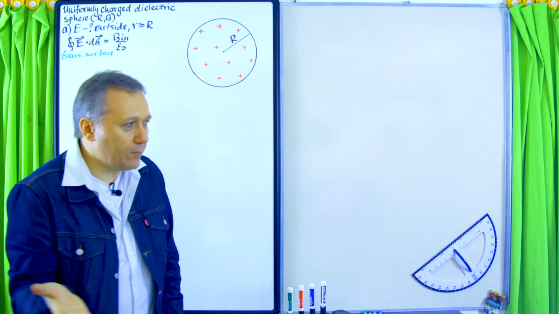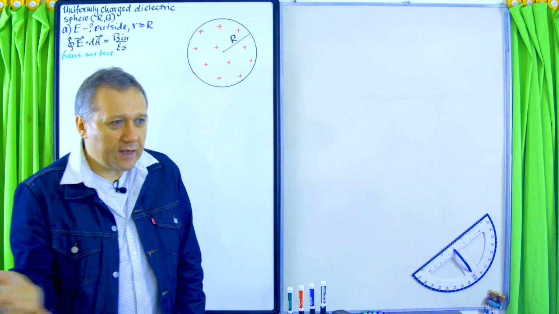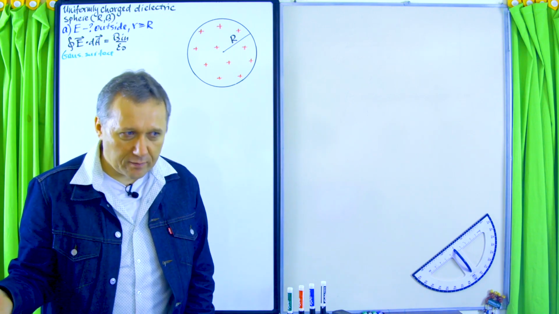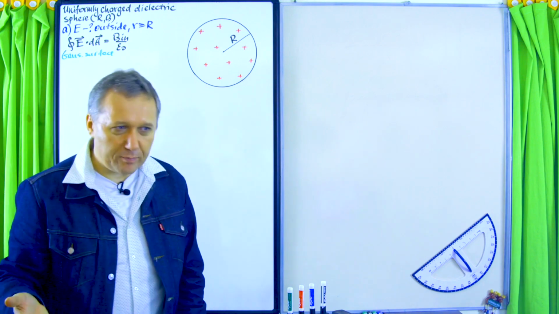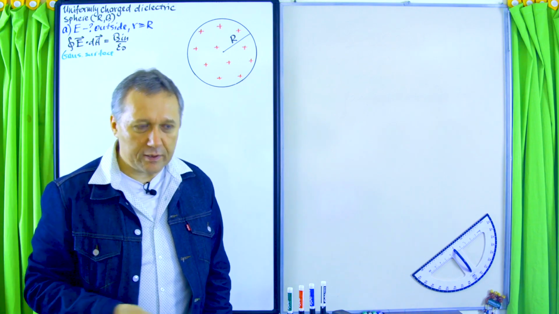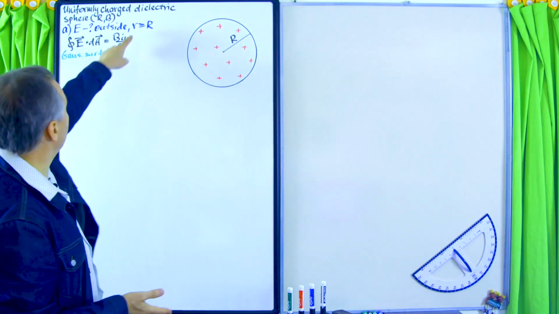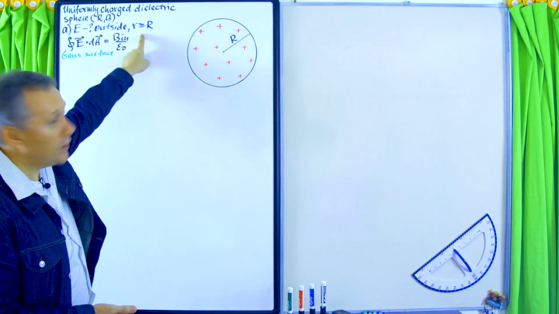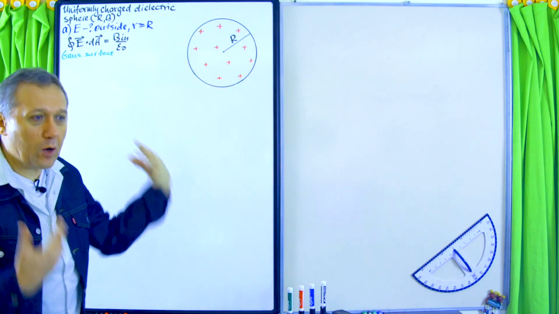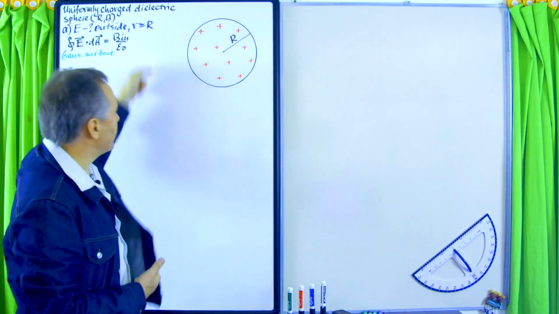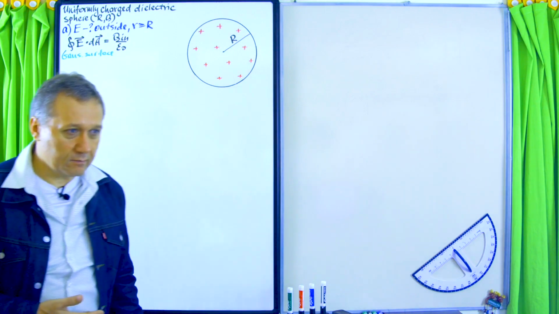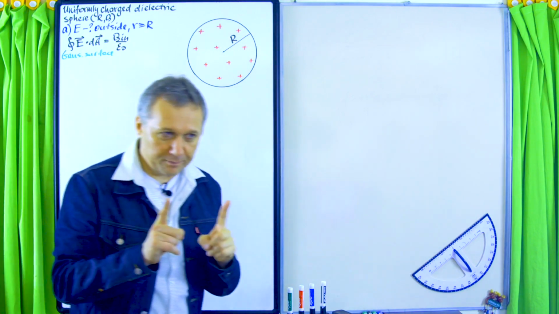It's like if you want to sample life in Canada, you don't go to Madagascar, right? You go to Canada in order to sample the level of life, and so on. And the same here. If we want to find the electric field outside of the sphere, of course, our Gaussian surface must be outside. And of course, it must be closed.